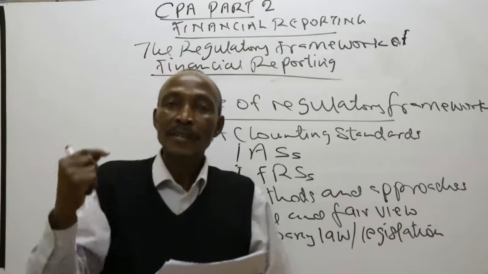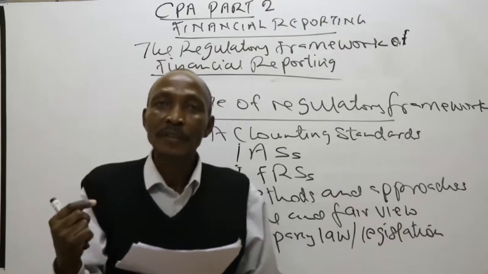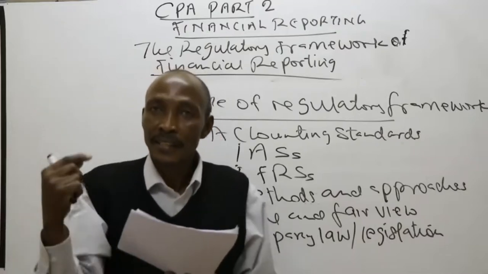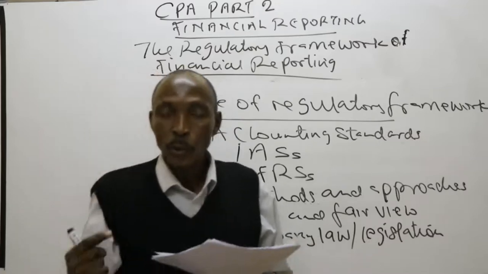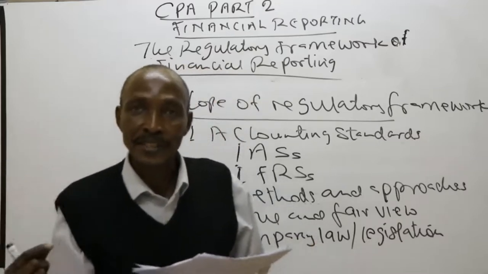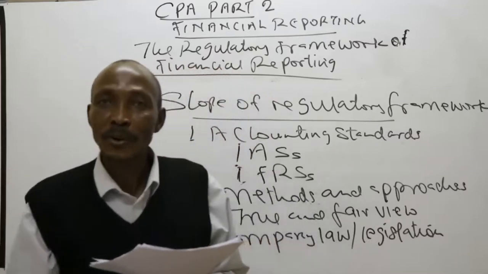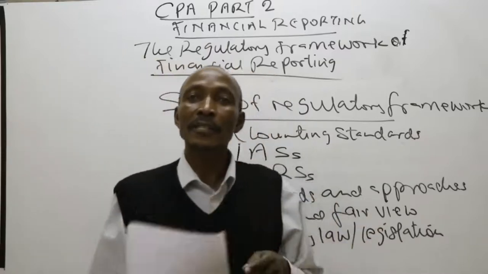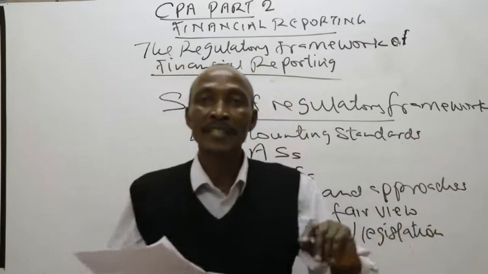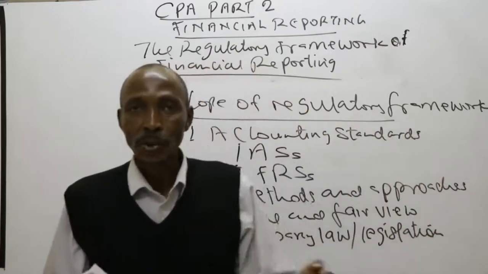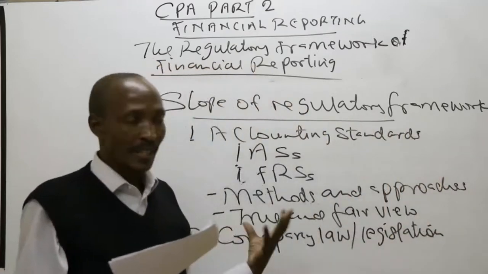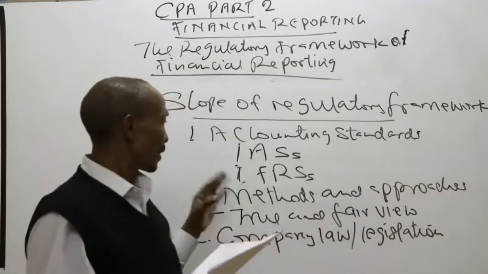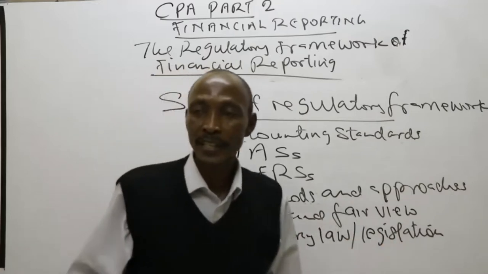So every company is required at the end of each accounting period to present financial statements, have those financial statements audited. A copy is given to the registrar of companies. A copy is retained at the company's offices, and so on and so forth. So it reinforces, this is what I'm saying, the national laws reinforce the application of those standards.